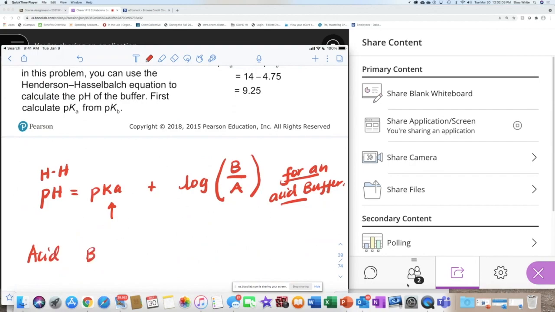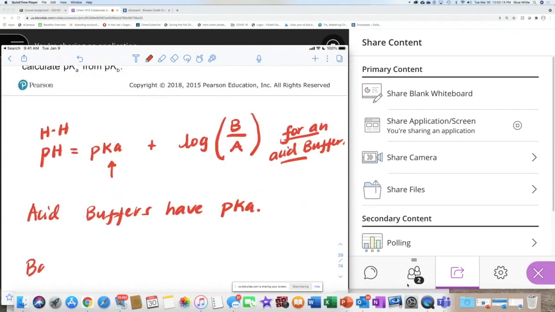Acid buffers have pKa, right? Basic buffers have pKb. Well, we need to resolve that because in this formula here, we don't have a pKb, right? But that's no problem.